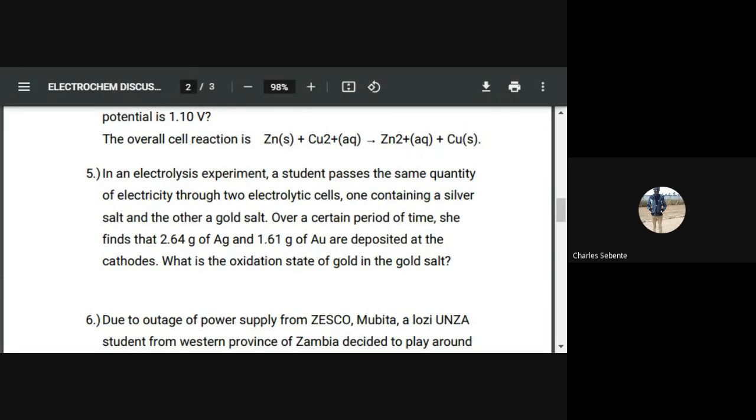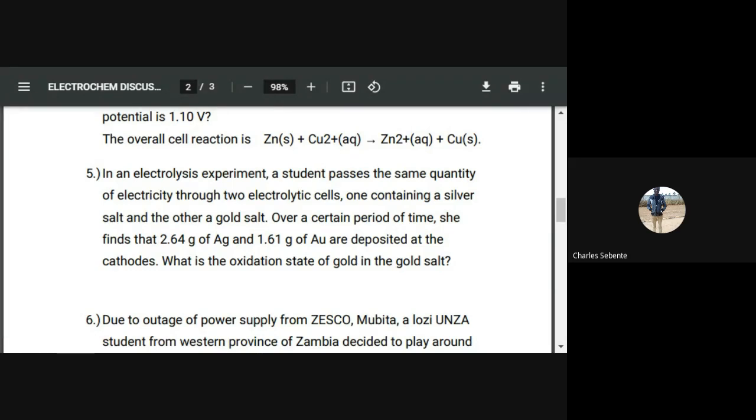Then you find the charge, which you get by multiplying the moles by 1 Faraday. Okay, and it will give you the number of charges. And since we have these charges, this side we end here.